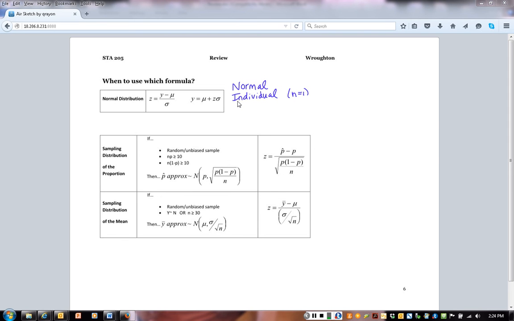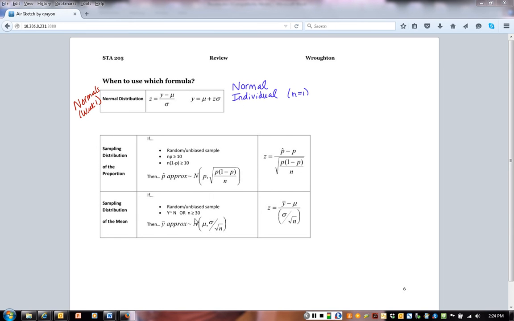If you go back and read all of the normal notes, what you'll see is it'll say, what's the probability a randomly selected woman, or what's the probability that a house falls between these two prices? There's always that individual nature going on for that formula.